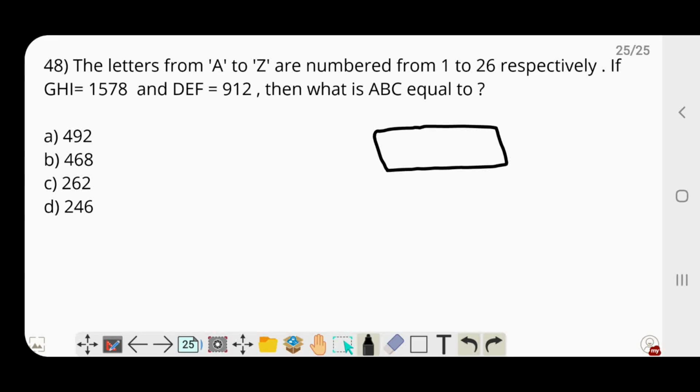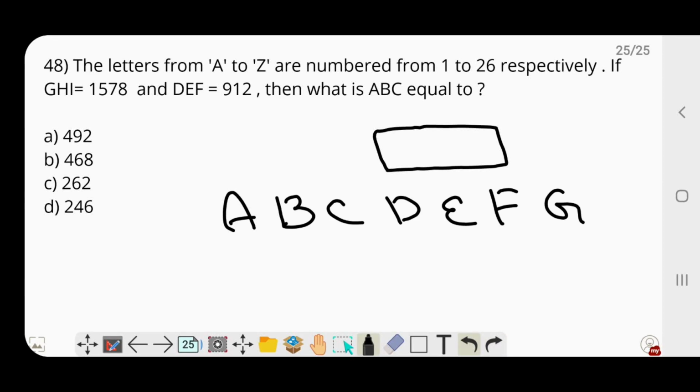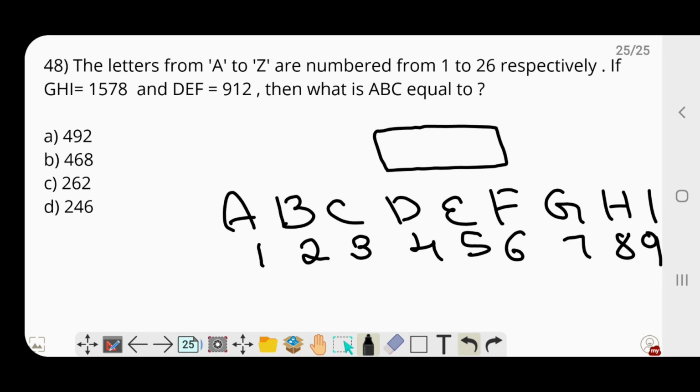In the 48th question, we have the letters from A to Z numbered from 1 to 26 respectively. If GHI is equal to 1578 and DEF is 912, then what is ABC equal to? We know that A, B, C, D, E, F, G, H, I are numbered like 1, 2, 3, 4, 5, 6, 7, 8 and 9.